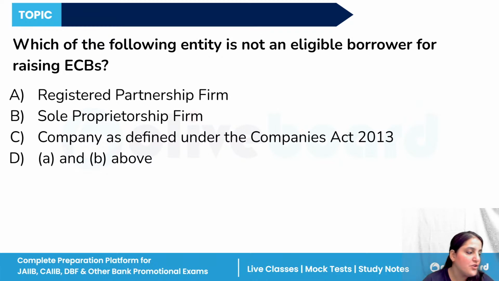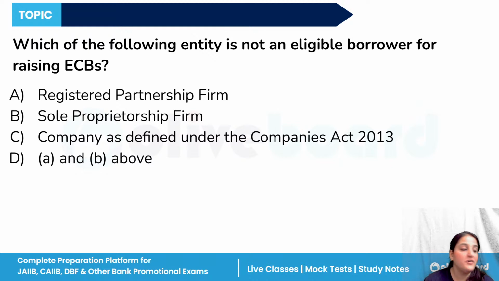Moving to the next, which of the following entities is not an eligible borrower for raising ECBs? If we talk about the guidelines for ECBs in India, only certain entities are eligible to raise funds. These typically include companies as defined under the Companies Act.